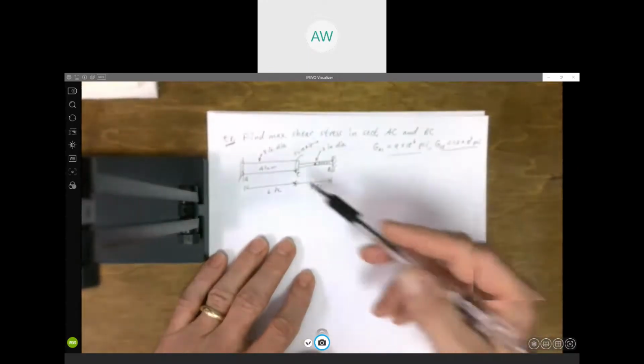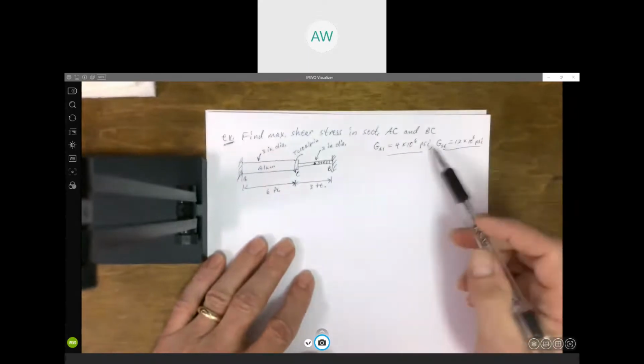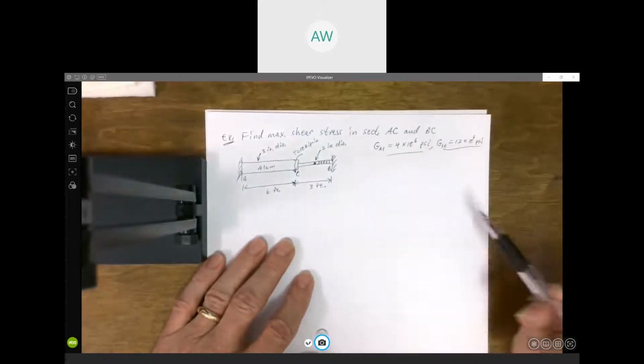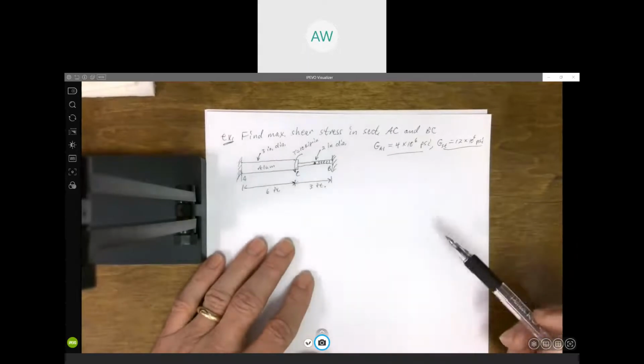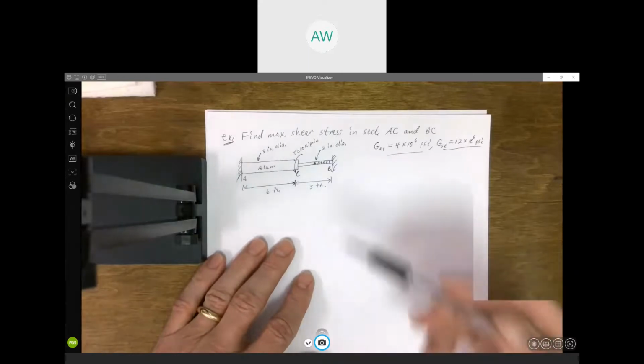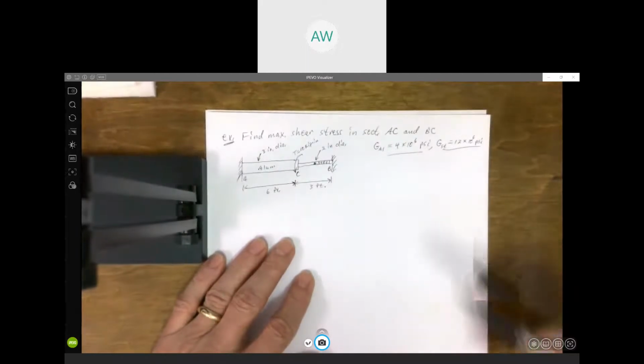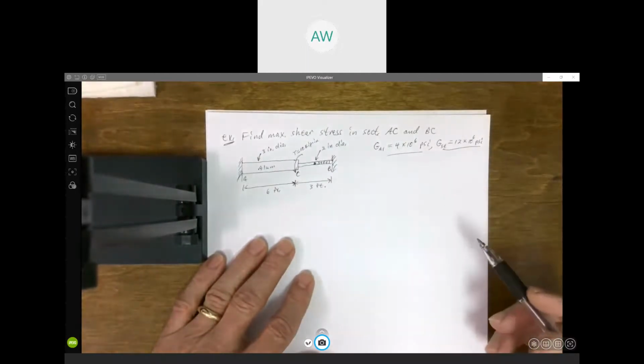The aluminum part is bigger than the steel, which compensates somewhat. Plus you have different lengths, so we have to go through the process we just talked about to determine the torque in the aluminum and the torque in the steel part.